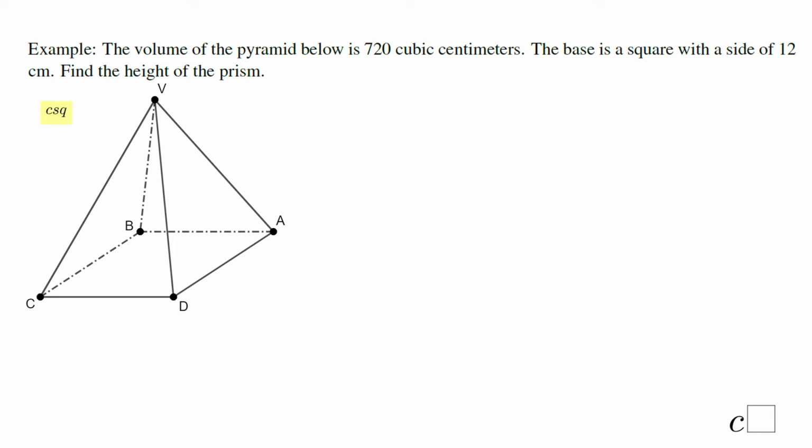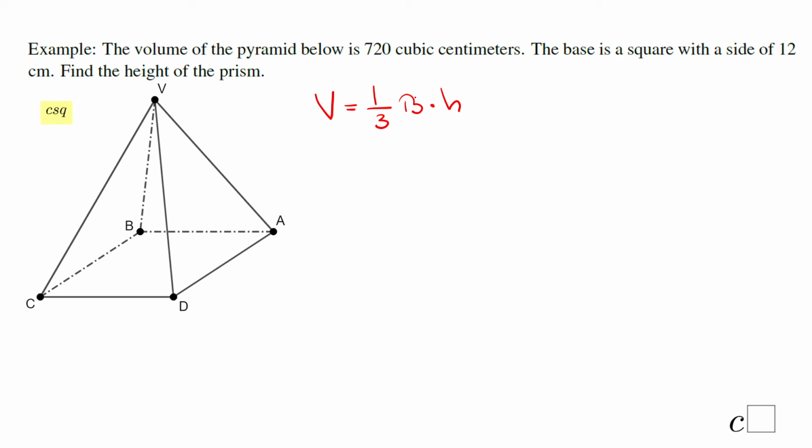A very similar problem. The volume now is 720. The base is also a square pyramid with a side of 12. Now we need to find the height. So I'm going to set up something very similar. We have V equals 1 over 3 area of the base times the height.